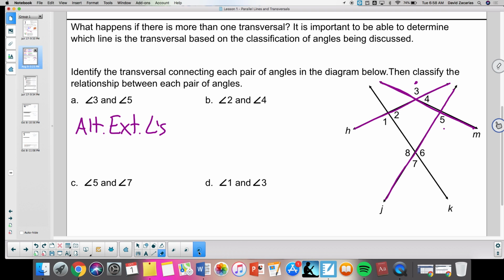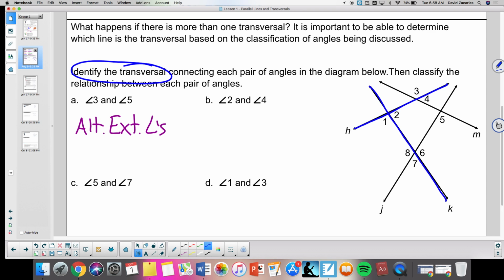How about 2 and 4? So again, what you want to do, I'm going to highlight here. Angle 2 gets created by line H and by line K. Oops, I forgot this set of directions. Identify the transversal.